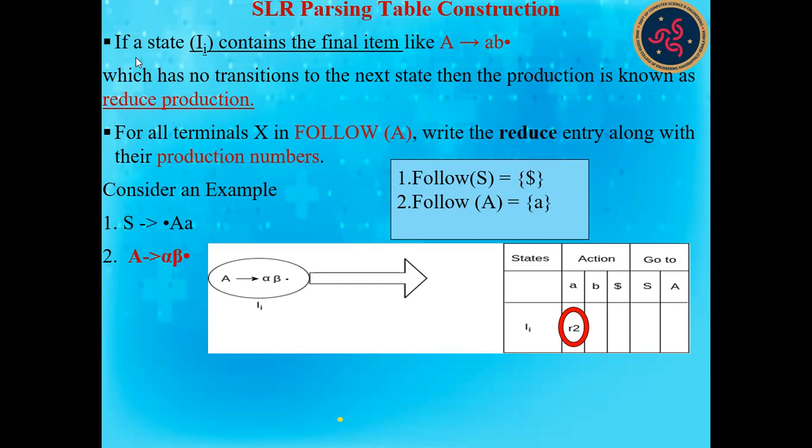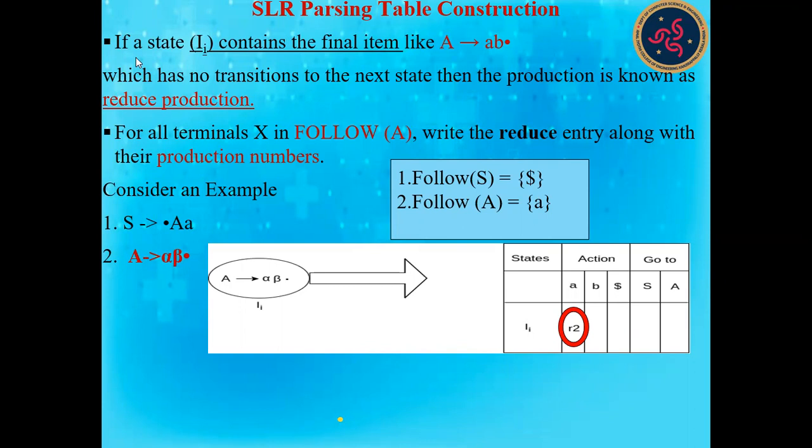So inside the table, we have to put an entry at the place Ii and small letter a, and we write it as reduce, R2. The 2 represents the production number.